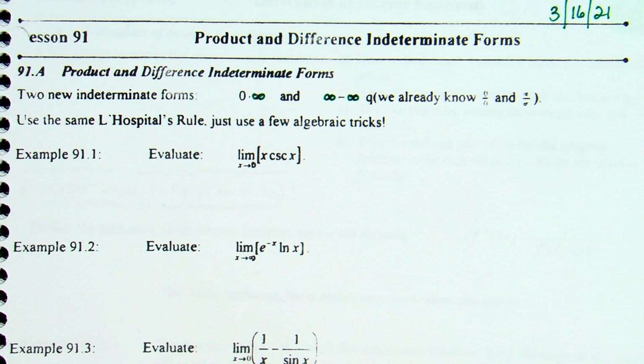Those are the two new indeterminate forms we're looking at. As it says there, we already know 0 over 0, infinity over infinity. Note, it says use the same L'Hopital's rule, just a few algebraic tricks.